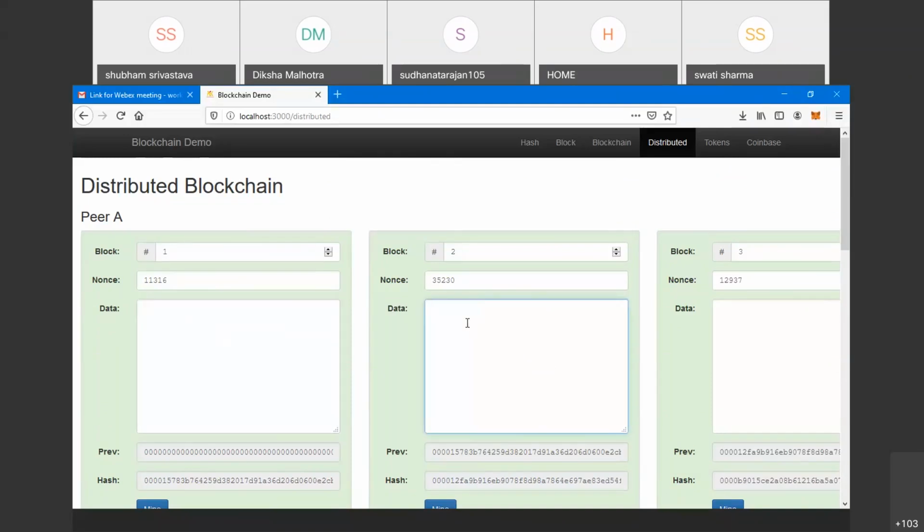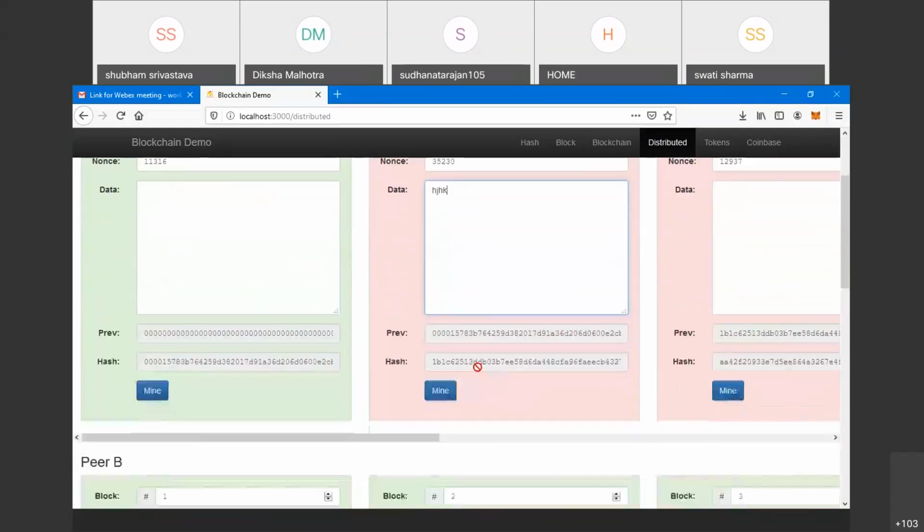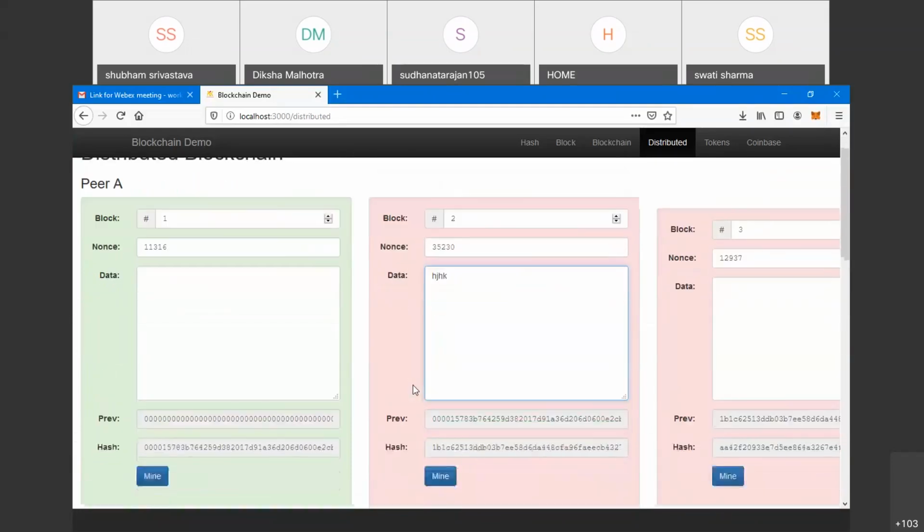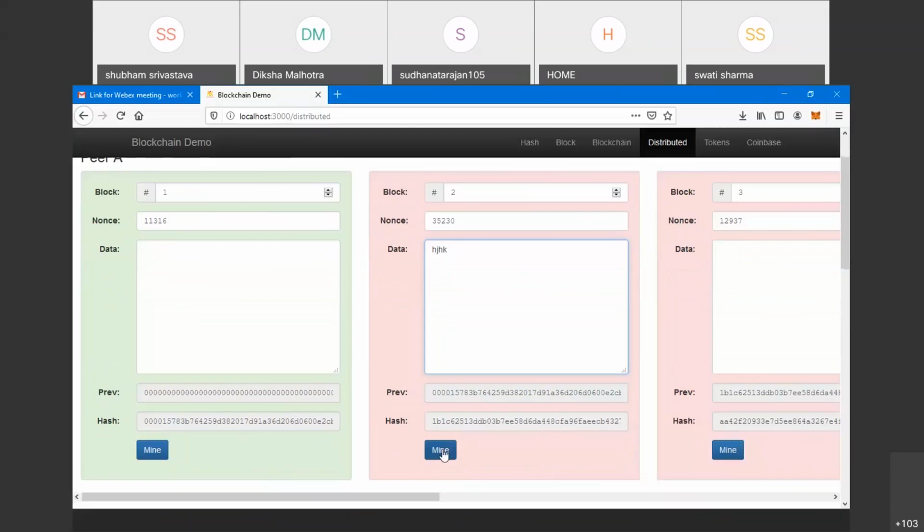As soon as he does, the hash of this block changes and it is not meeting the difficulty level. So it became red. Hence, it is quite obvious that some malicious activity has happened in this block. In order to hide his malicious activity, peer A might try to mine this block once again.